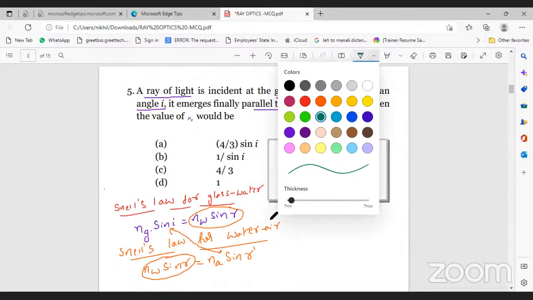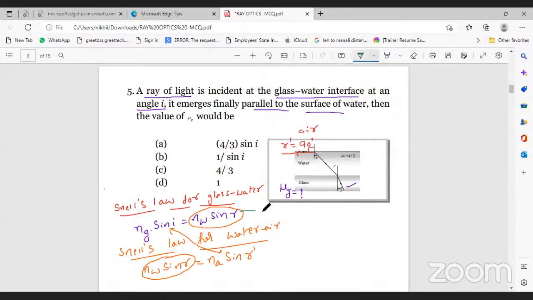Do one thing. From this, you calculate what is Ng. From this, you calculate what is R. What is Nw they have given? 4/3. Sin R we don't know, which is equal to refractive index of air is 1 and sin R dash.